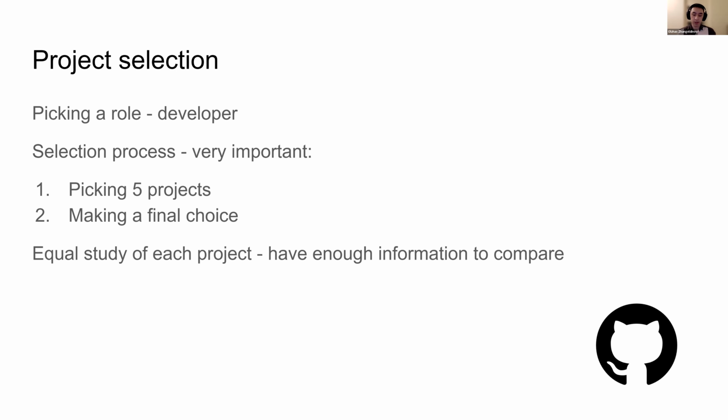Since we needed to do our work weekly, it was important to have the weekly work, because if we didn't have it, we could not write the weekly reports, and we might fail the course, or at least not succeed in it. So the selection process consisted of two stages.